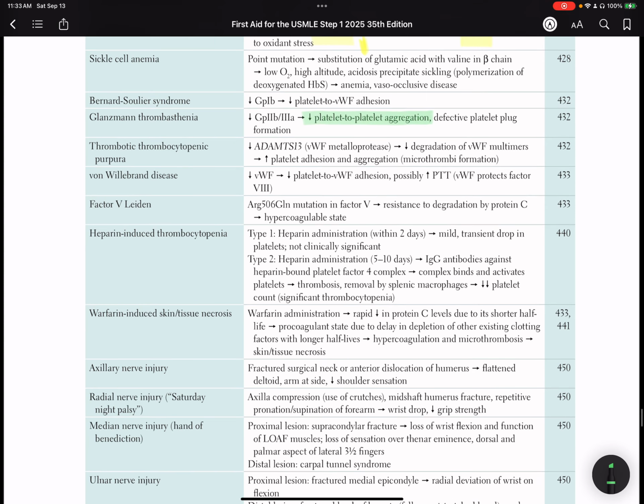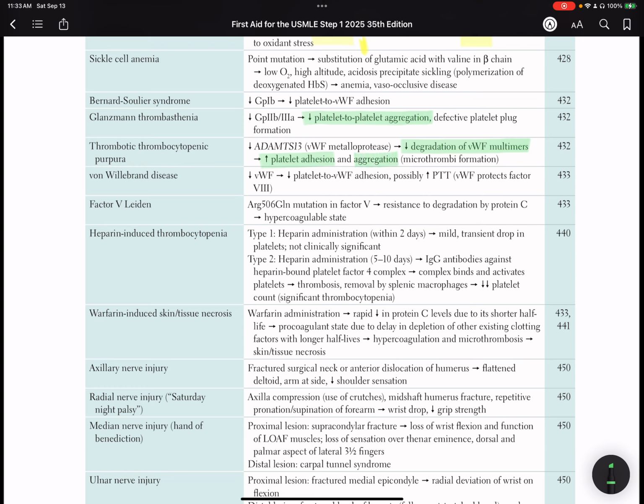Next condition is TTP, thrombotic thrombocytopenic purpura, caused by decreased ADAMTS13, which is also called von Willebrand factor metalloprotease. This leads to decreased degradation of von Willebrand factor multimers, leading to increased platelet adhesion and aggregation.